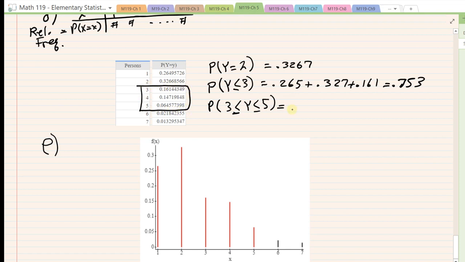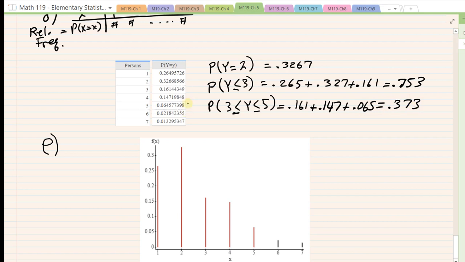That's going to be 0.161 plus 0.147 and plus 0.065, which is 6.5%, that last number. If I add these numbers together, I should get 0.373, almost, let's call it 40%.